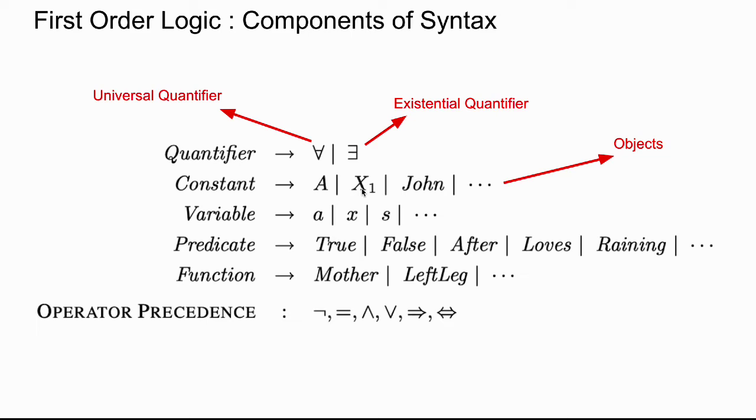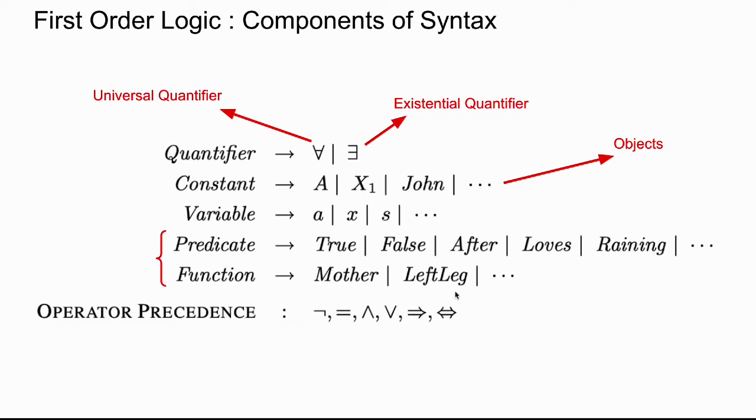Then next we have some constants, and these are basically our objects. It can be some symbol A, it can be some symbol x1, or it can be the name of a person John, and so on. Then you also have variables, which we had in propositional logic also. But more importantly, now you have predicate, which is basically the verb that describes the subject or tells us what the subject is or what is it doing.